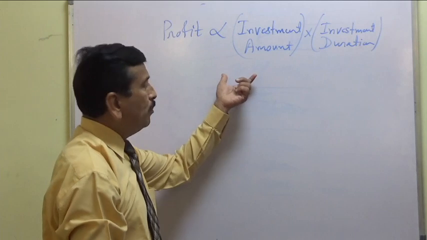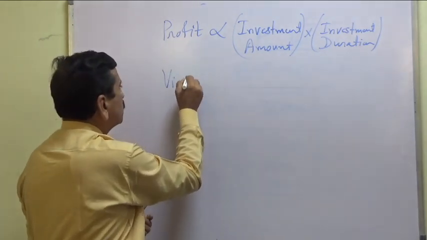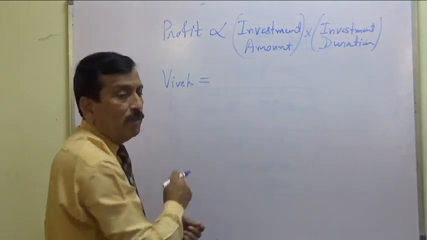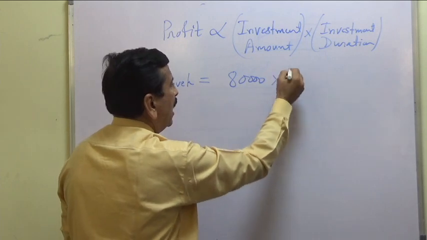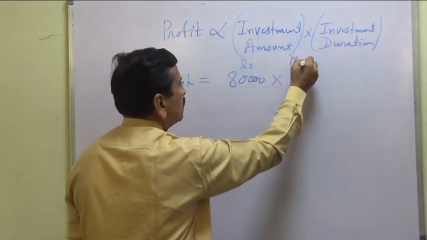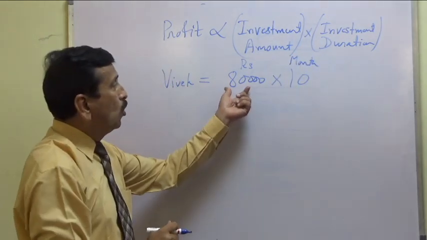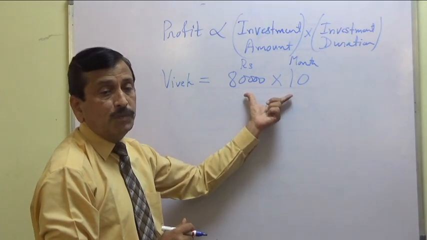Now naturally profit will be shared in that way. Now what about Vivek? How much investment is Vivek having? Vivek has 80,000 investment and that is for 10 months. This is rupees, this is months. So rupee into month is amount into duration. So profit will be proportional to this figure.